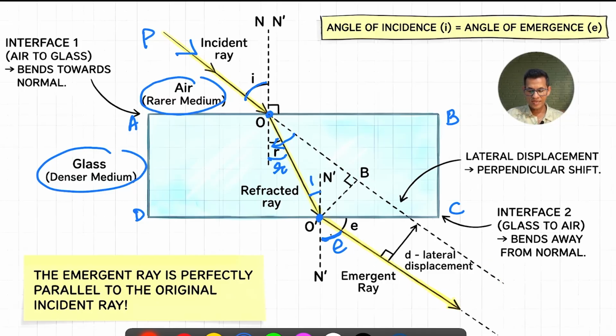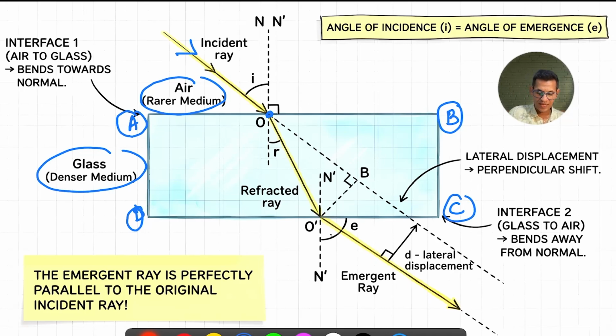So again the question arises, why is the path of the incident ray parallel to that of the emergent ray? The reason for this is that the refraction happening at AB is equal and opposite to the refraction happening at CD. In other words, let's say the angle of incidence at AB was 35 degrees, just for our understanding, and the angle of refraction was 15 degrees.